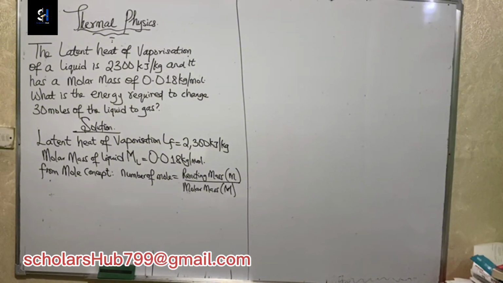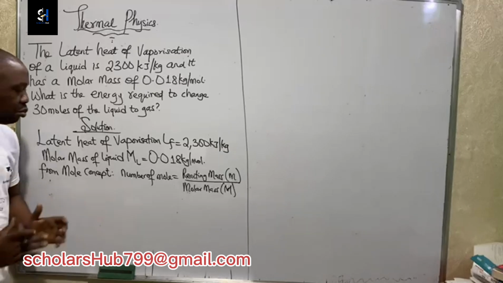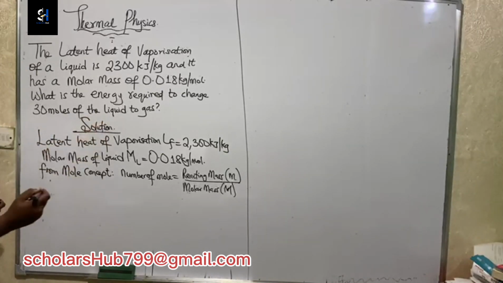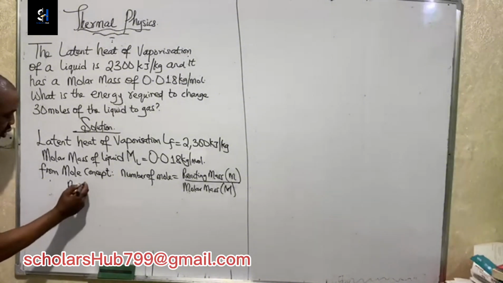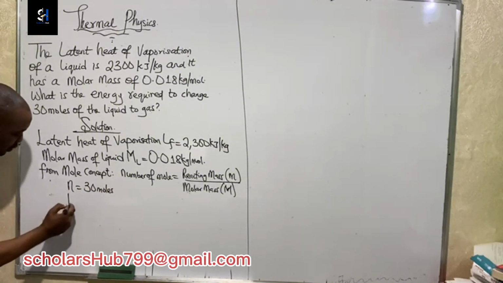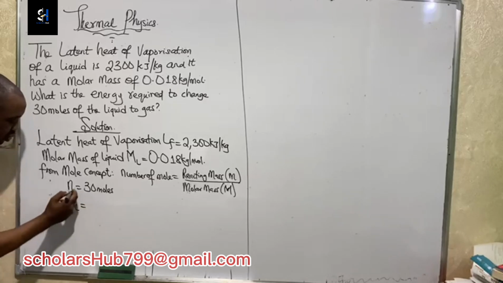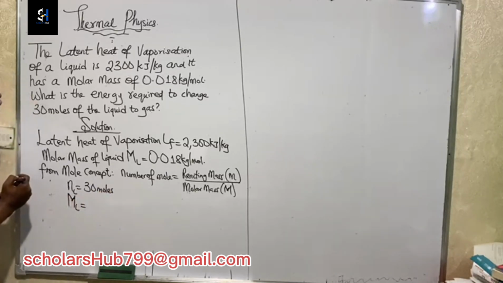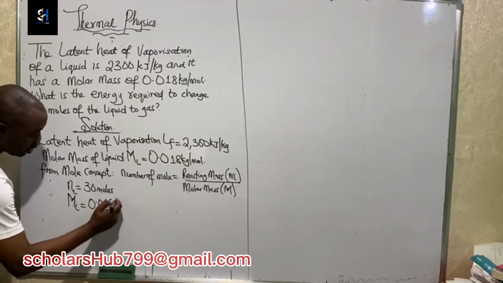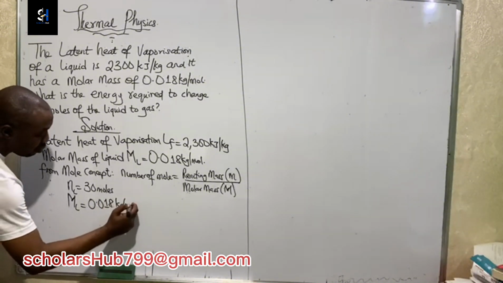Now, like I said, we're using mole concept. We are given 30 moles of the liquid, which means the number of moles is 30 moles. We are also given the molar mass of the liquid to be 0.018 kilogram per mole.